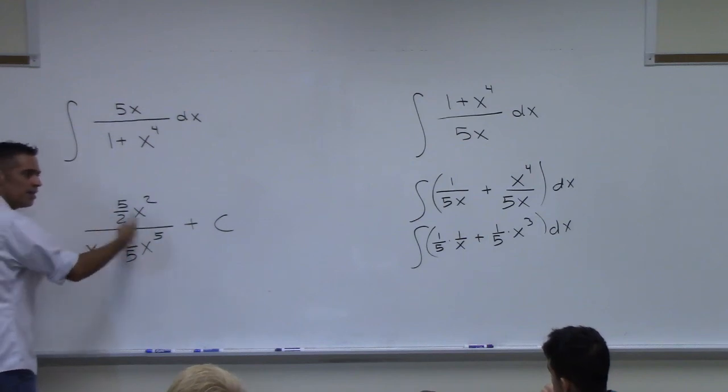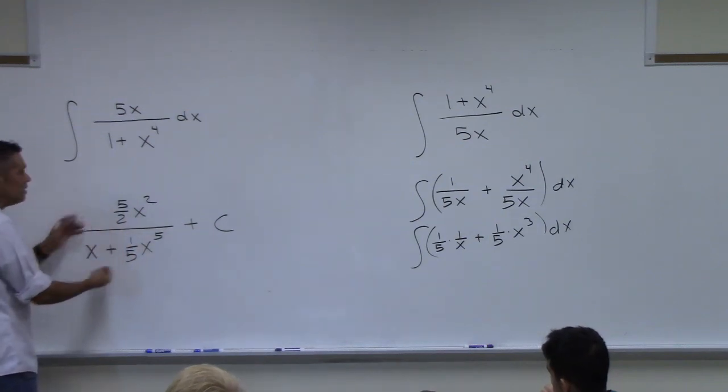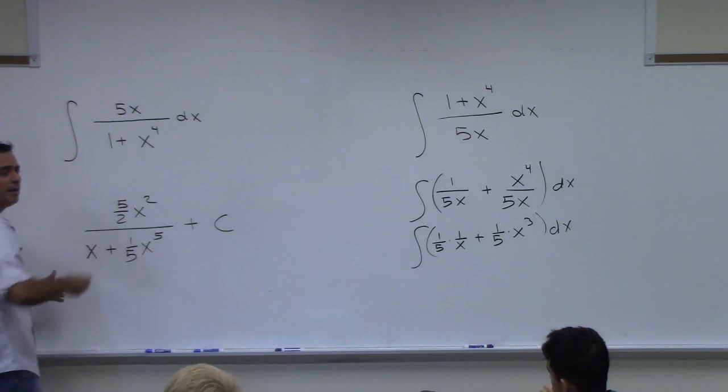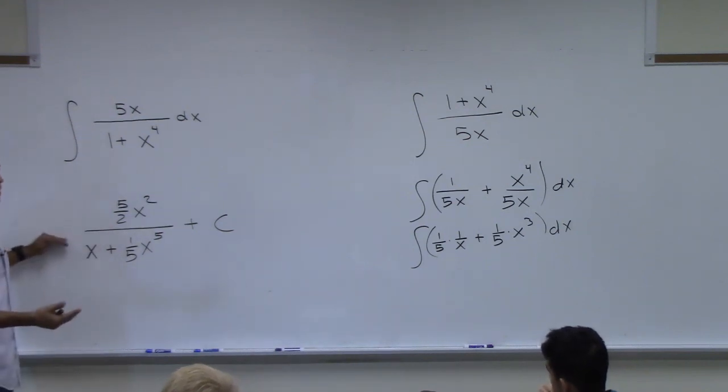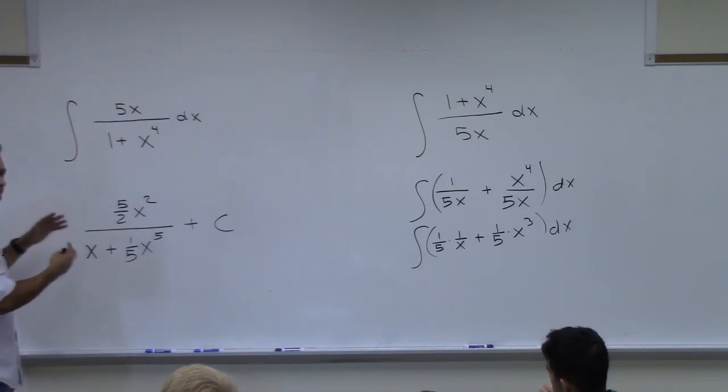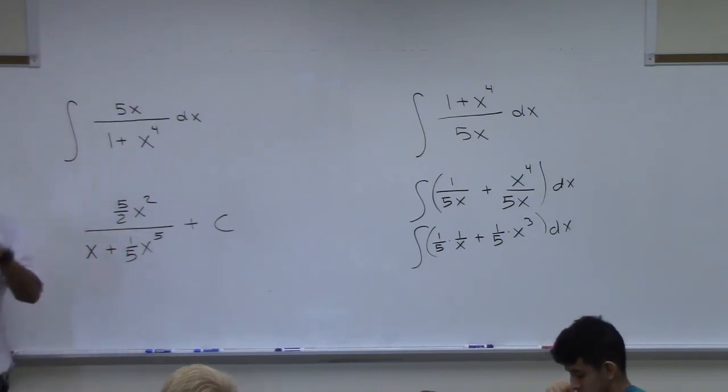Because if you take the derivative of this, you have to do the quotient rule. You won't get back that, I promise. In fact, if it were that easy to go from here to here, then Cal 2 would not be hard. This is what makes Cal 2 hard: you can't undo a quotient or a product easily.